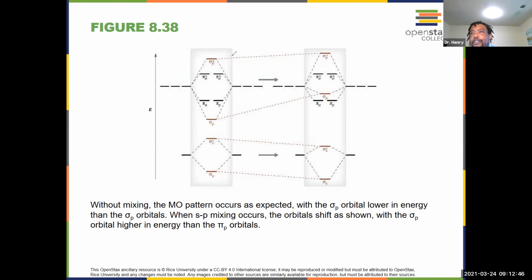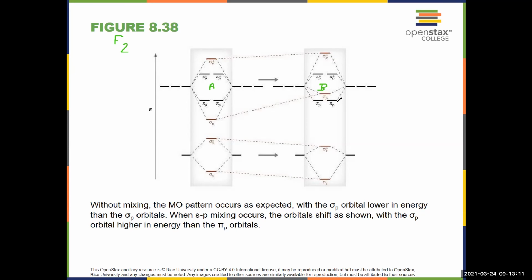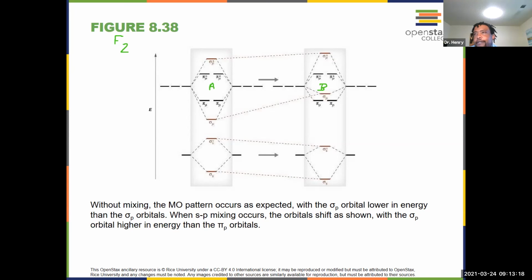Okay, so let's do fluorine, F2. So which energy shell will we use? Call this one A, and we'll call this one B. Let's go back to our little cheat sheet on the other slide.